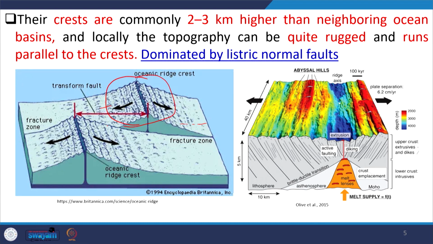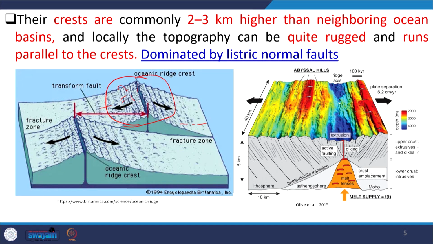This rugged topography is due to magmatic eruption and solidification, sudden solidification, because the magma erupts in a subaqueous environment, gets cooled and chilled quickly, and that is why you get this type of haphazard arrangement.